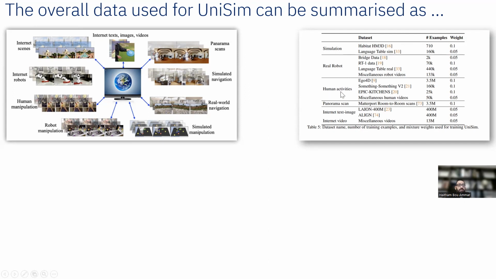For human activities, we took the action label, which is the general description of the video, as the action, and we subsampled the video to have relevant or informative action movements. In the panorama scan, we artificially created actions: turn left, turn right, turn up, turn down. And when it comes to the internet text and image data, they just assumed that the caption is the action, and the video output is just one frame because it's a picture.